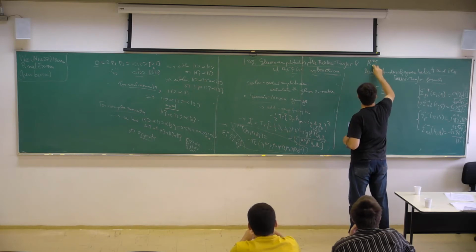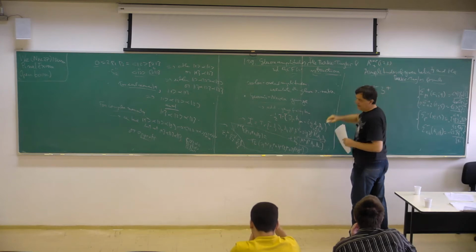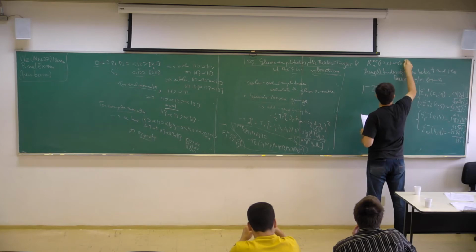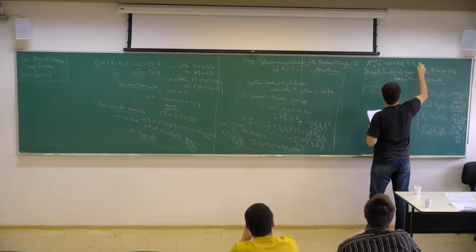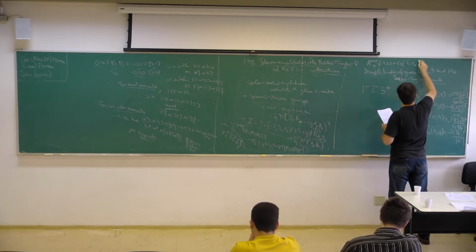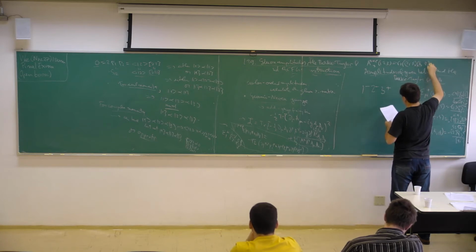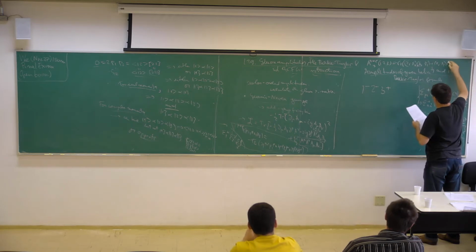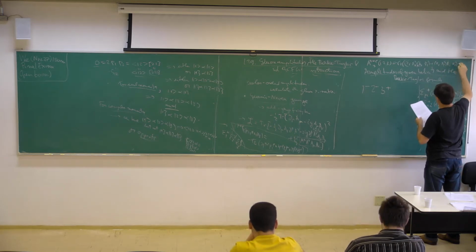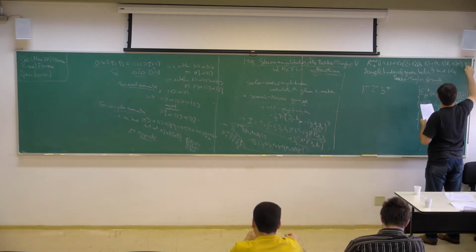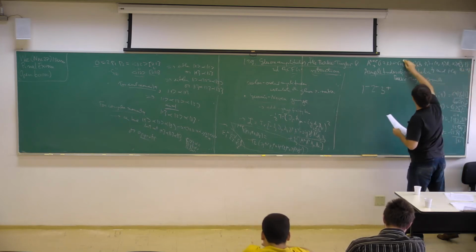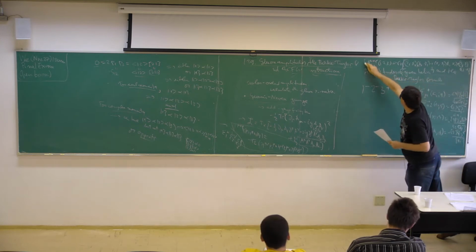And so I get that A3, depending on 1, 2, 3, meaning momenta and helicity for both, is equal to minus root 2, epsilon 1, epsilon 2, epsilon 3, k1, plus epsilon 2, epsilon 3, epsilon 1, k2, plus epsilon 3, epsilon 1, epsilon 2, k3. Okay?